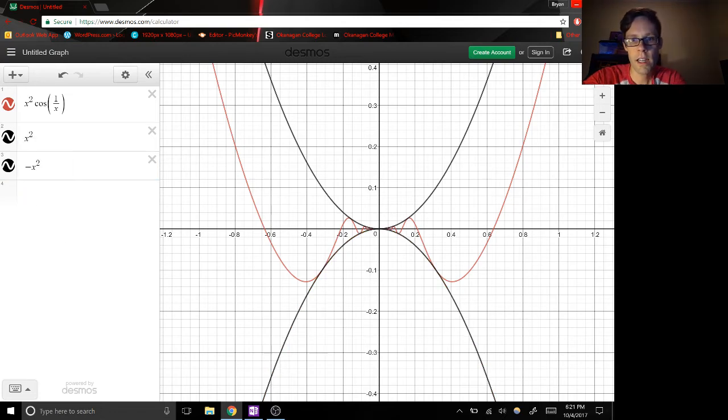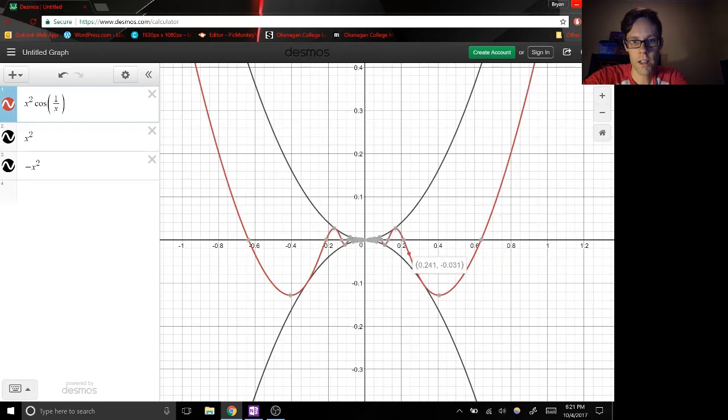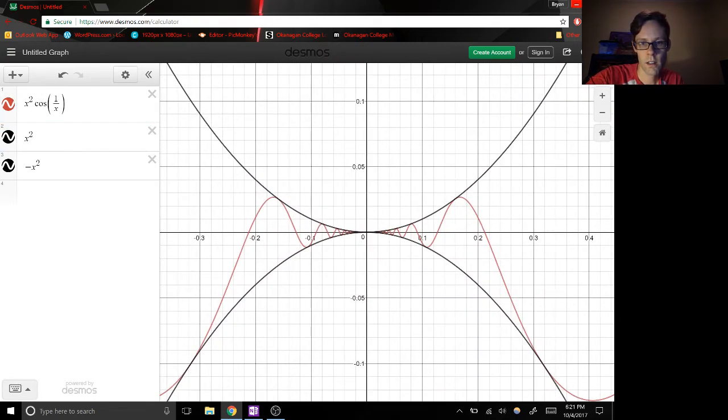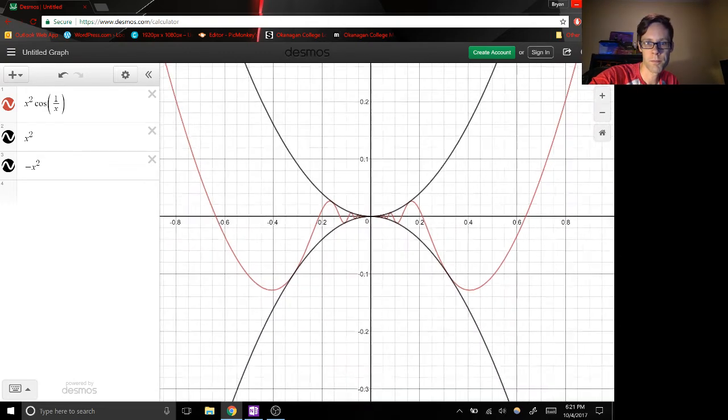You can see that my red function is always bounded above by x squared and always bounded below by -x squared. That's kind of cool.